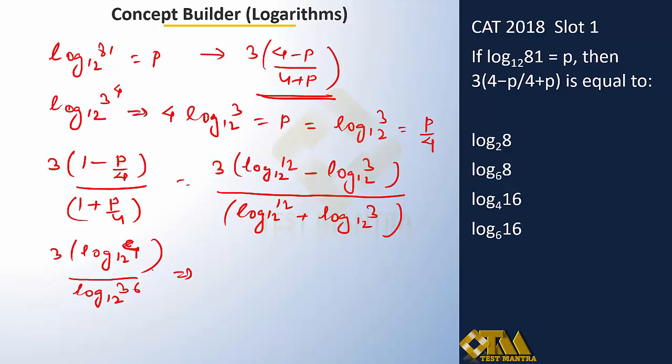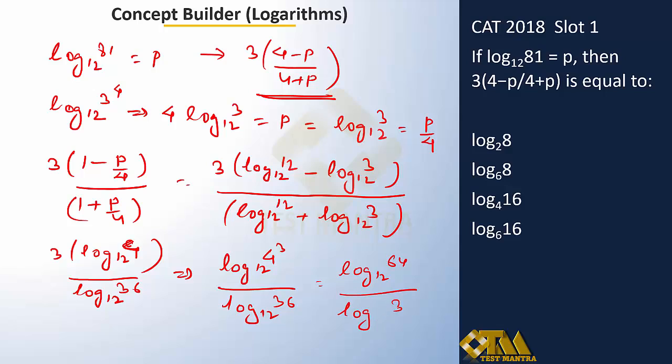Can also be represented as log 4 cube to the base 12 divided by log 36 to the base 12, which is nothing but log 64 to the base 12 divided by log 36 to the base 12.